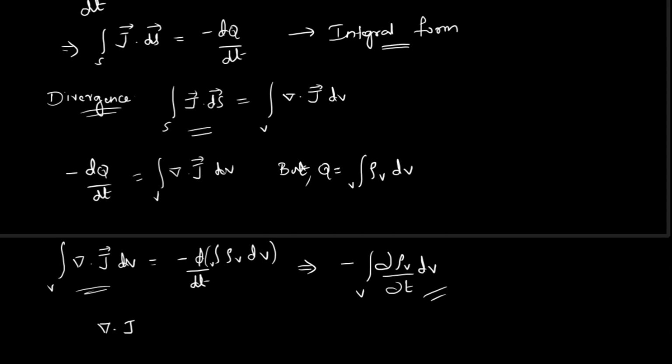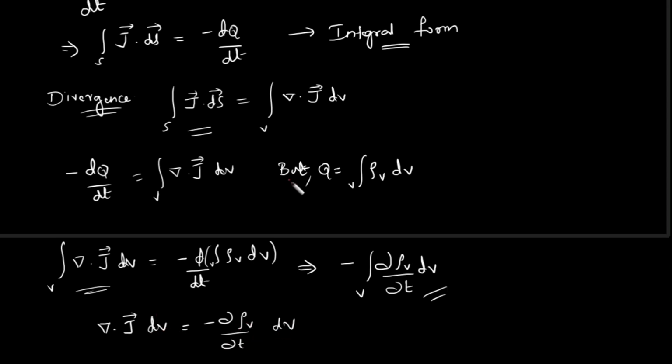I will just calculate the divergence of J over the considered volume and the variation of rho v with respect to time for the considered volume. I am neglecting this integral since this is for the same volume. You should not have any confusion here. So del dot J dv is minus ∂rho v by ∂t dv.